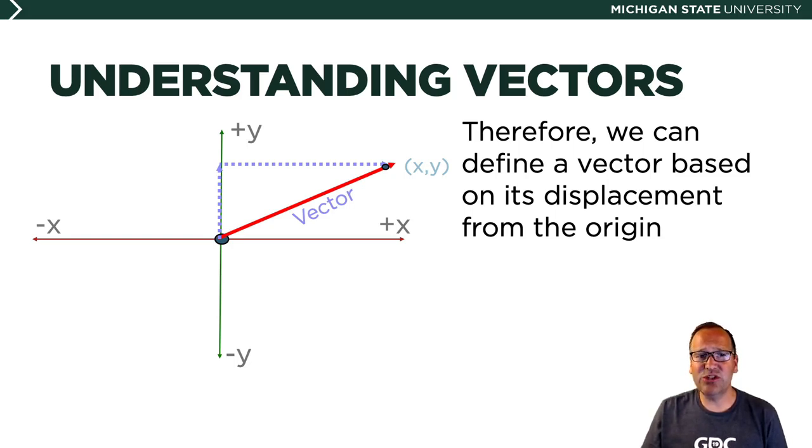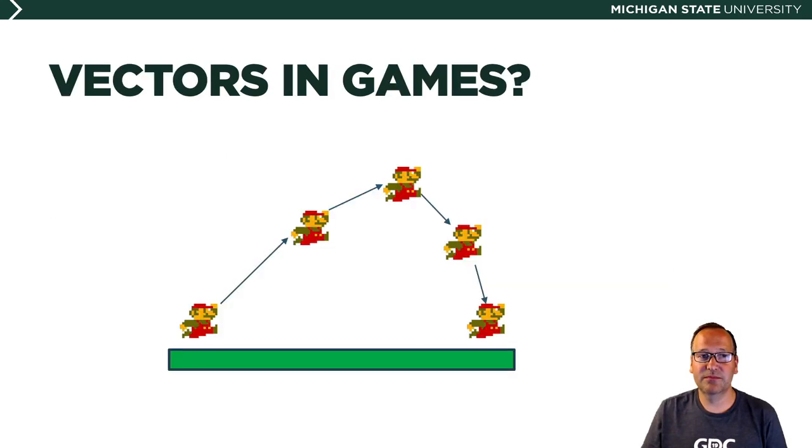That is, we just need the 1 point because we already know the origin, which is always 0, 0. So for example, this vector can be defined as Vector2(x, y). Based on this, the computer can easily calculate the direction or angle and the magnitude or length of the vector.